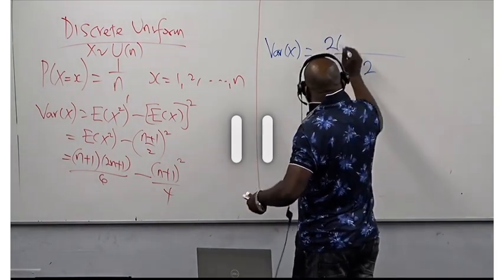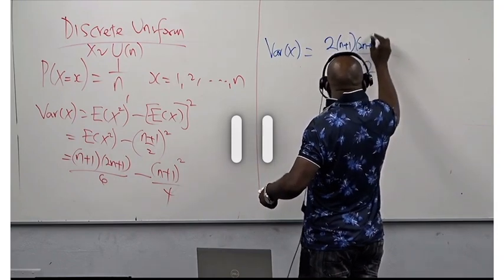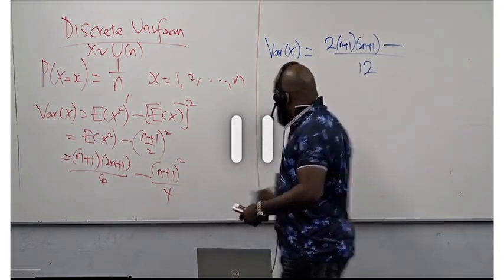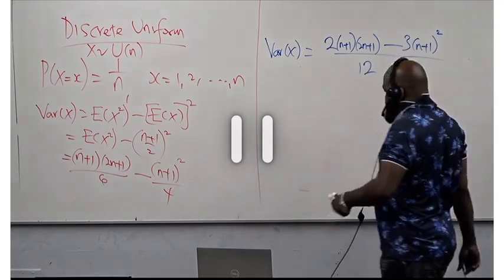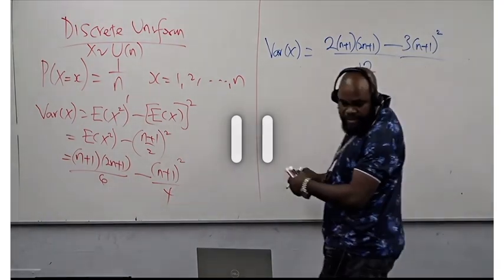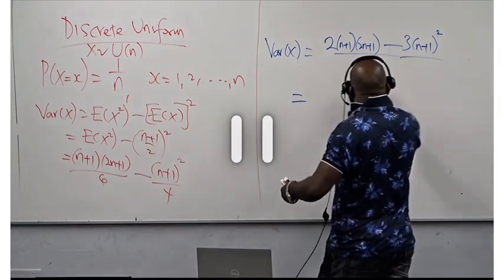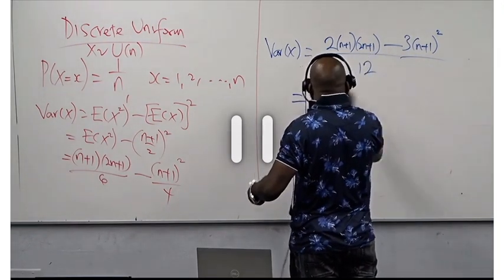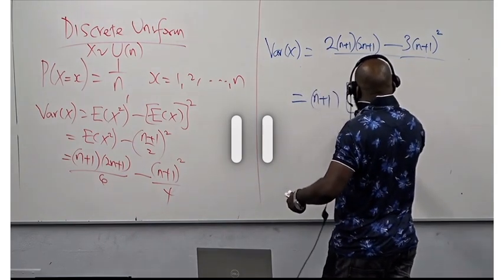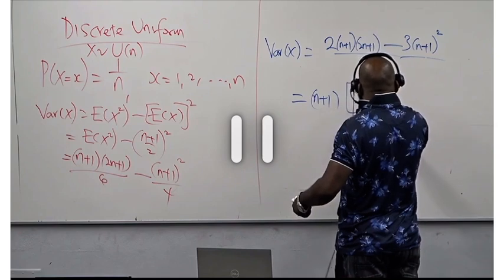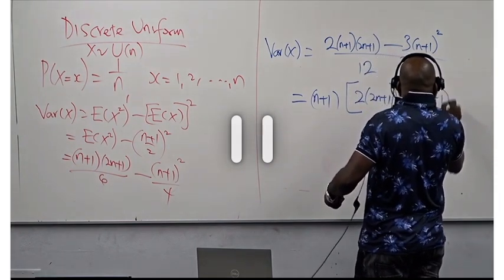And here we're going to have (n plus 1)(2n plus 1), and 4 goes into 12 three times, so 3 times (n plus 1) squared. Now, what is common? (n plus 1) is common here. So this is going to be 2 times (2n plus 1) minus 3 times (n plus 1).